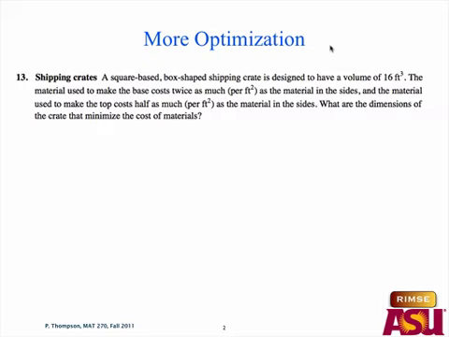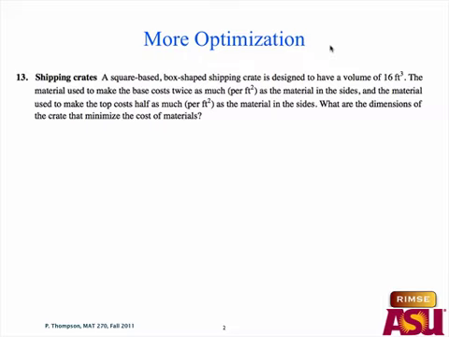So the goal in working through all these details and information is to make a cost function, because it's saying what are the dimensions that minimize the cost. So the cost function is going to be the centerpiece of this, and we can use calculus then to find minimum cost. Right. Okay. And all these other things are going to be part of the journey. That's what you guys are mentioning.